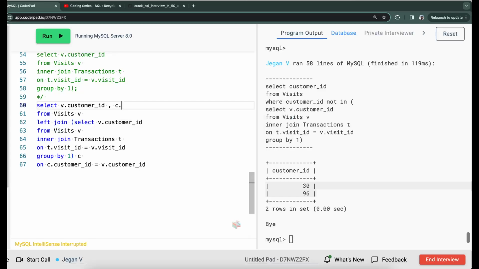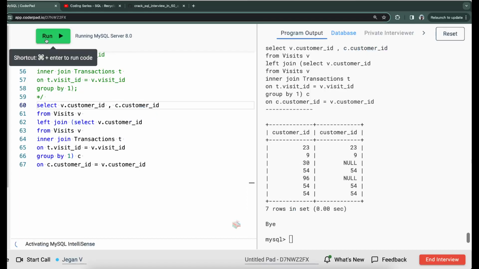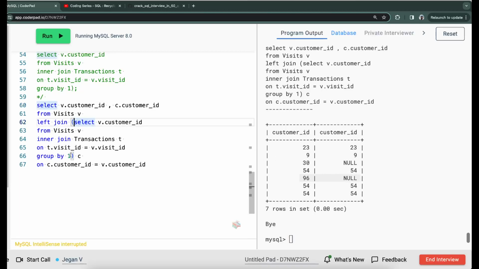When you run this, you see these are the 2 customers, 30 and 96, who don't have a transaction. So visits table left join with this will have the output like this, which has a null value from the left join's secondary table where the customers don't have a transaction.